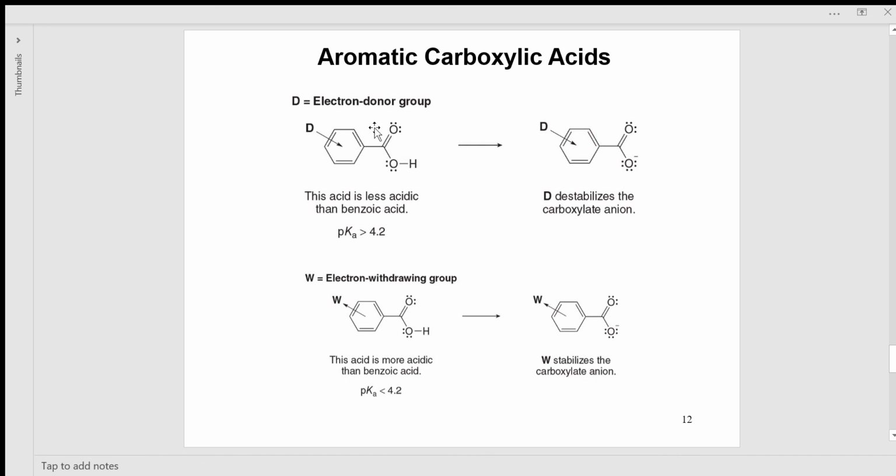it actually decreases the acidity because the instability of the conjugate base comes from the anion here. So I'm not stable because of the negative charge.